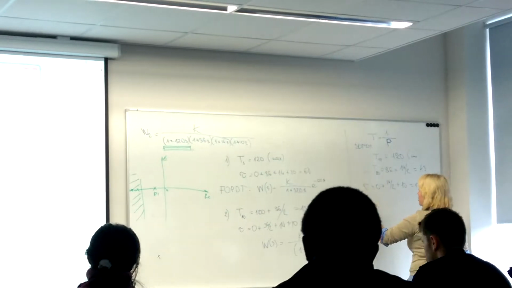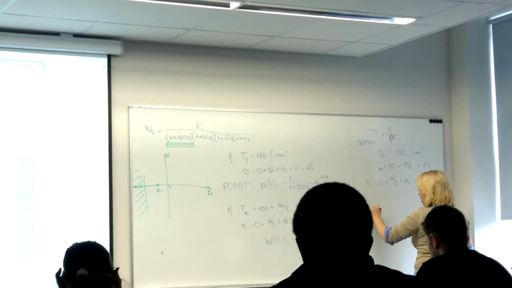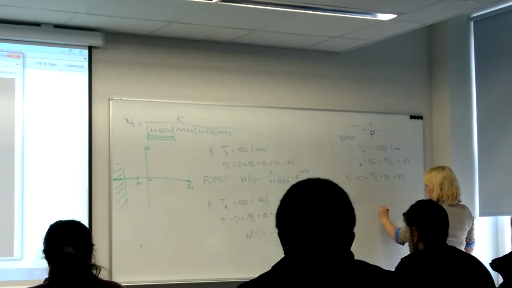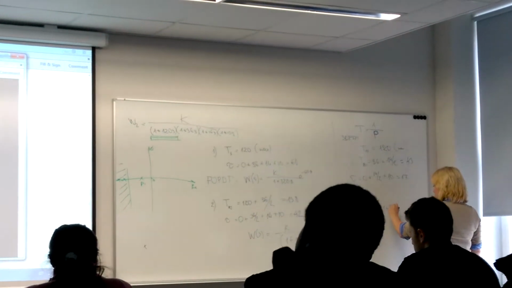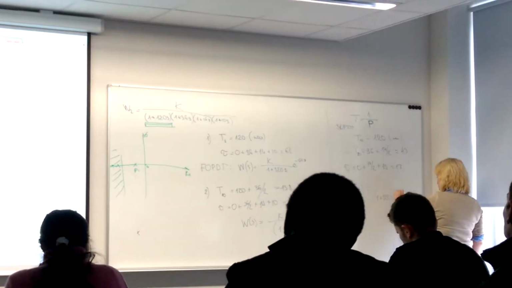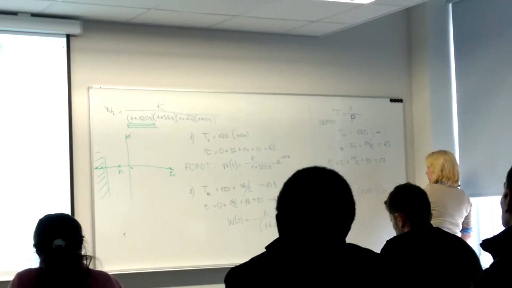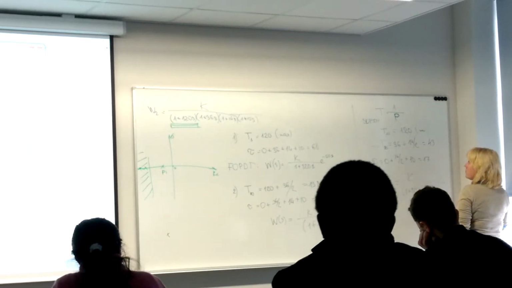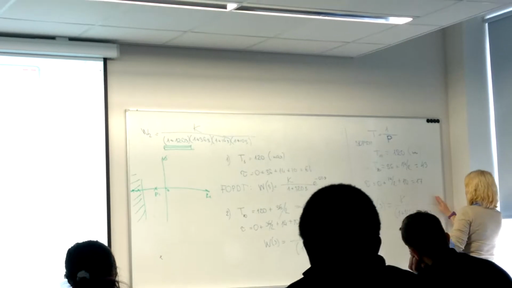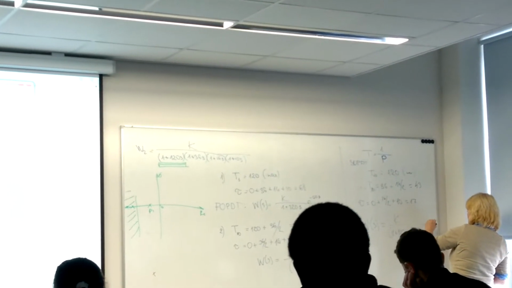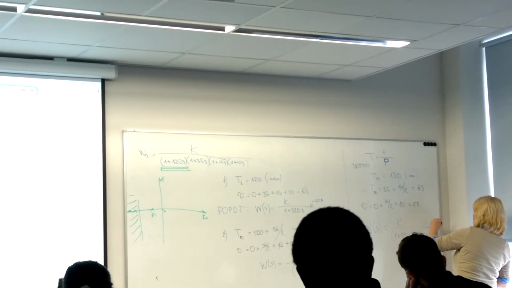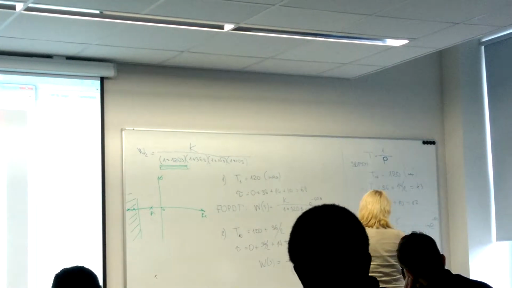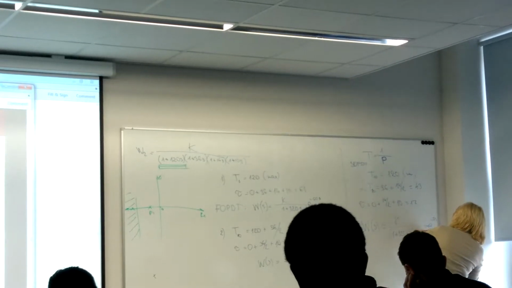So the second order plus dead time model will be the next: 1 plus 120s, 1 plus 43s, our gain, and the delay minus 17 is 43s.